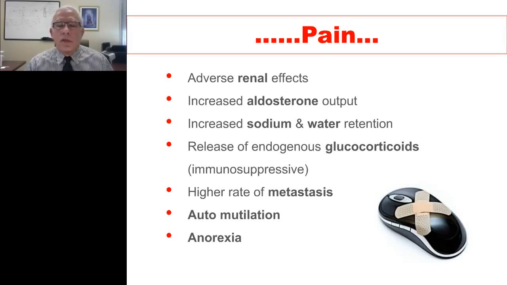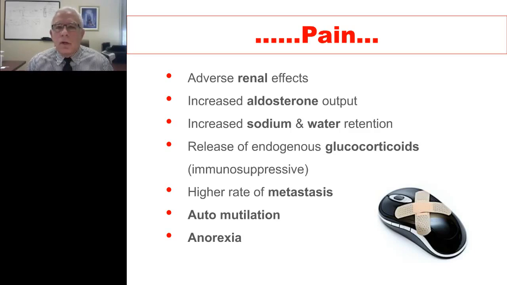I don't want to read all these. I just want you to know that these are here, and these are some of the arguments that I bring to my investigators when they say, can I use pain control? And it will affect the kidneys. It will affect, through the adrenal glands, the aldosterone, the sodium water retention, and glucocorticosteroids.